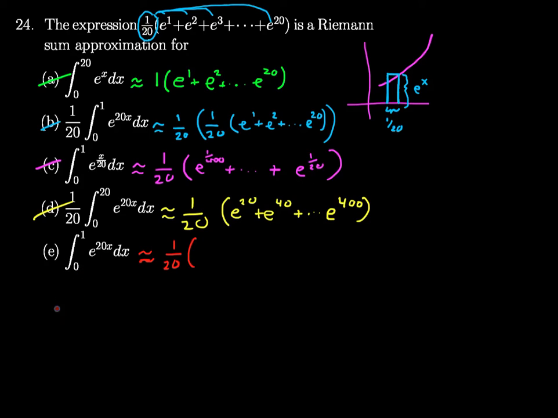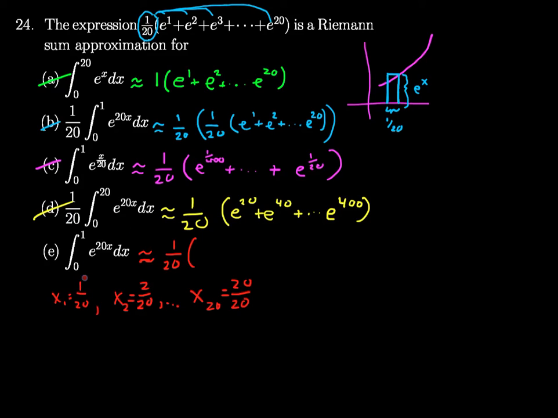The x values I'm going to use: I'm not going to use the starting one because it's a right Riemann sum. x1 is 1/20th. x2 is 2/20ths, which I'll write as 2/20th so it cancels out nicely. And the last one, x sub 20, is going to be 20/20th, equal to 1, but I'll write 20/20th just because I like writing stuff.